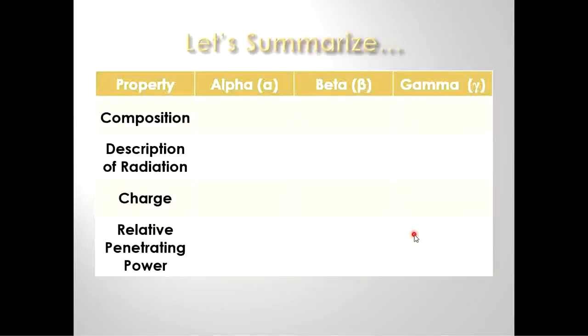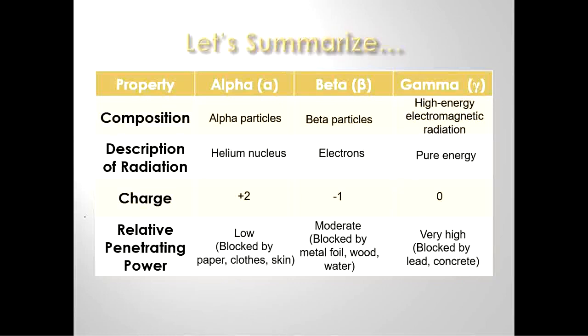So let's summarize and go ahead and fill this in your table. We have 3 particles: alpha, beta, and gamma. Alpha is represented by a helium nucleus, and go ahead and add this symbol onto your notes as well. We know that it's the alpha particle when it is represented by this symbol here, 4,2 helium.